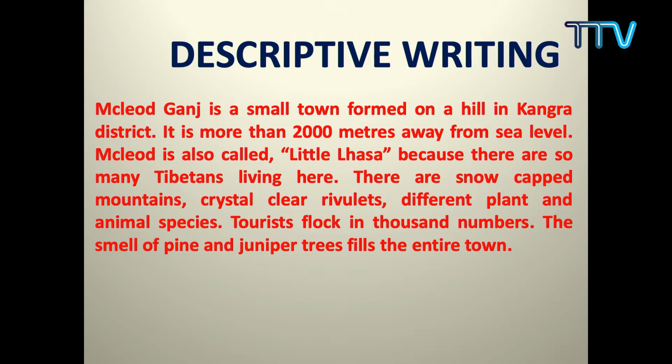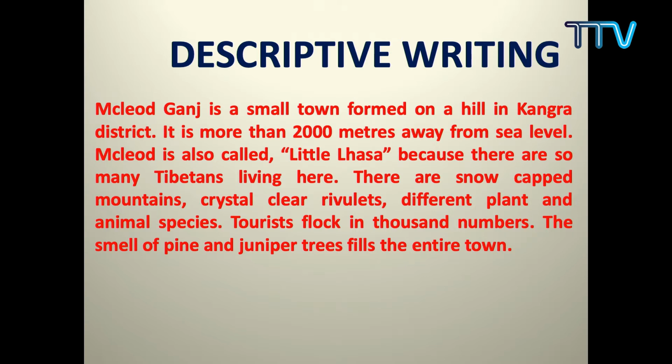For example, what are the words related to sight? Snow-capped mountain, something that you can see. Crystal clear rivulets, something that you can see. The smell of pine and juniper, something related to your smell. Now, this is just a small example.